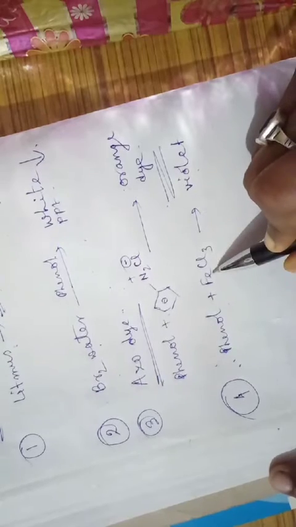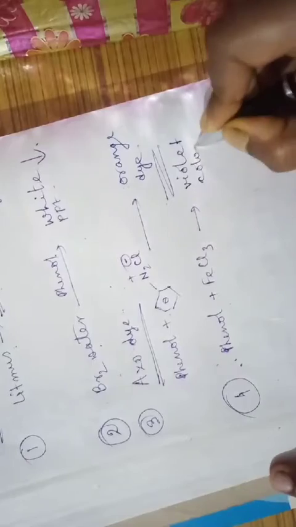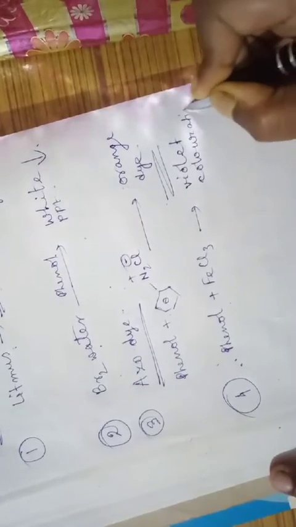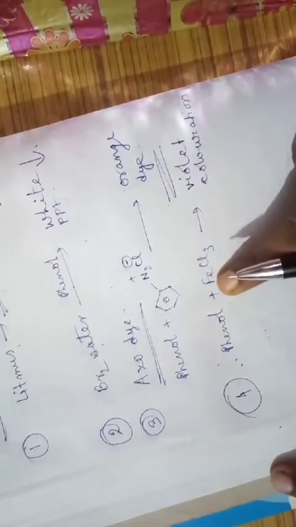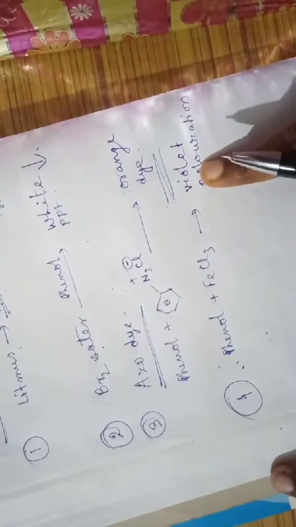Alcohol will never give this. Alcohol plus ferric chloride, there is no change in color, but phenol plus ferric chloride gives a violet coloration of the solution.